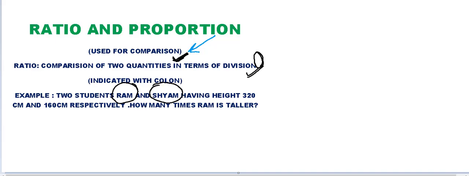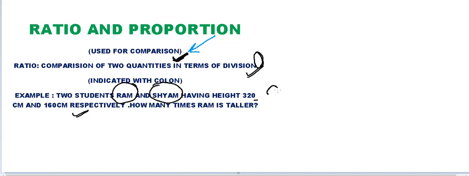The height of Ram is 320 centimeter and the height of Sham is 160 centimeter. As it is given, we can easily identify that Ram is taller than Sham.